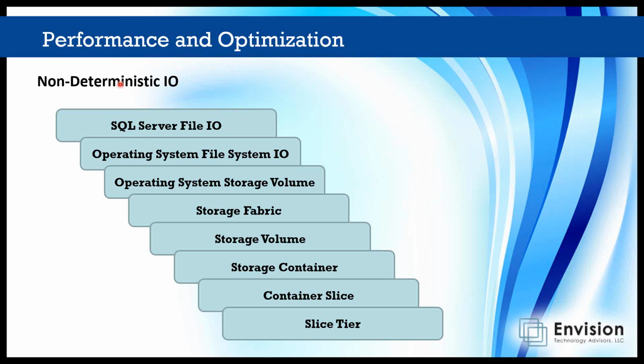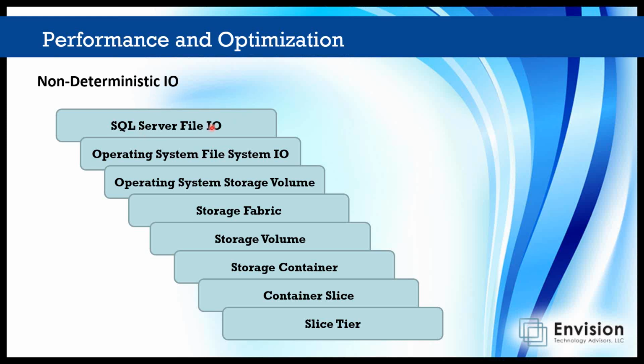So I'm going to start here and say SQL Server File I/O. So when you write to a table, let's just say you're writing to a sales table, the first thing is going to be File I/O. Now the dynamic nature of this is you could have multiple file groups. You could partition the data such that it's not all in one big table. You could add multiple files on multiple spindles or multiple data stores or whatever to split the I/O up.